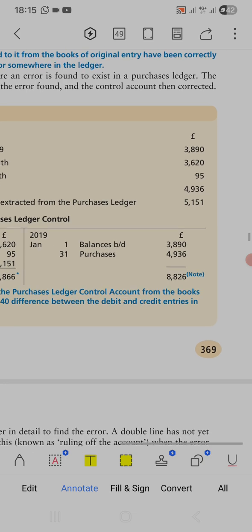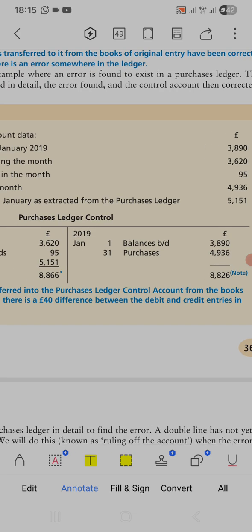There we are having a balance BD. Then we also have credit purchases for the month on the credit side. We can also have a refund, the cash refund to the business in the case where we've made an overpayment to the suppliers. They can also refund money to us, so that entry will be entered on the credit side.